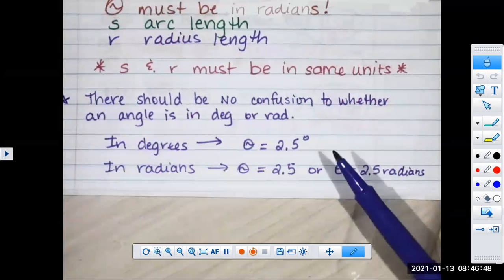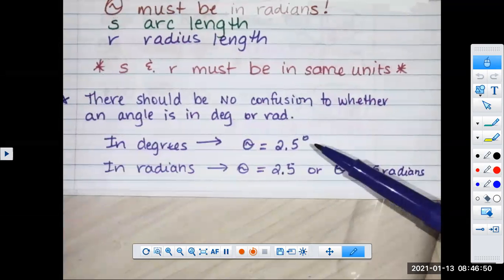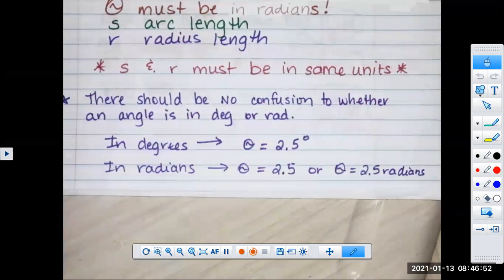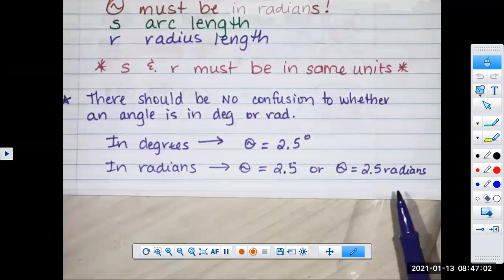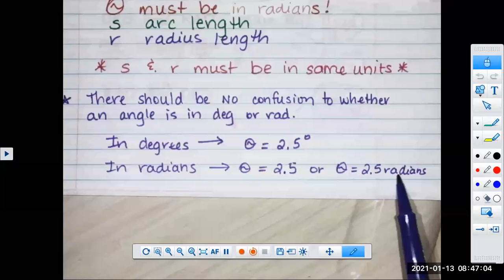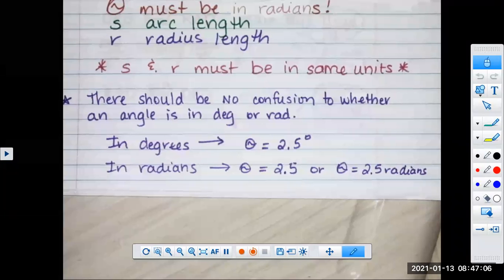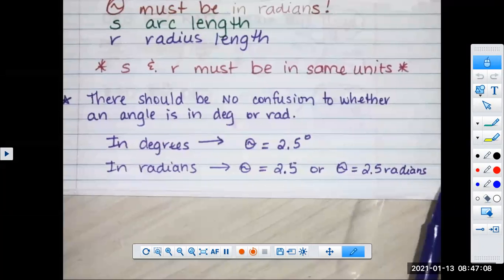Of course, you'll have the degree symbol if it's in degrees. For radian measure, though, they're going to just say like theta equals 2.5. So if you don't see a degree measure there and they're talking about an angle, that is radian measure. Or they may actually write out 2.5 radians. So no degree symbol or the word radians, it's in that form.